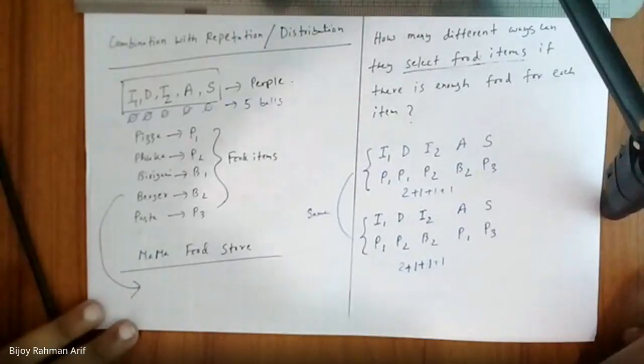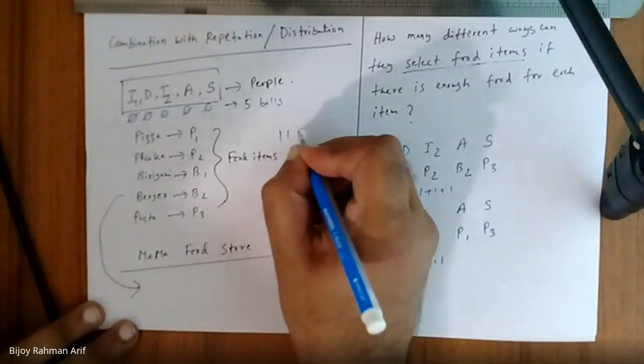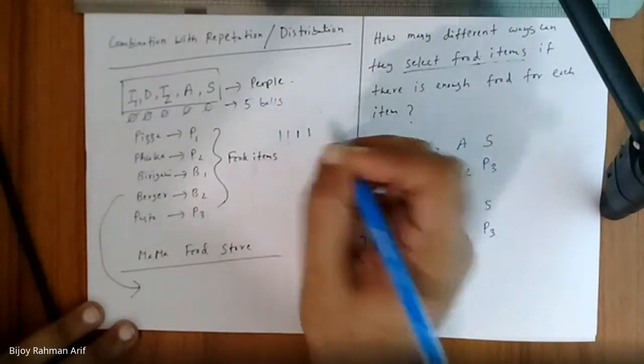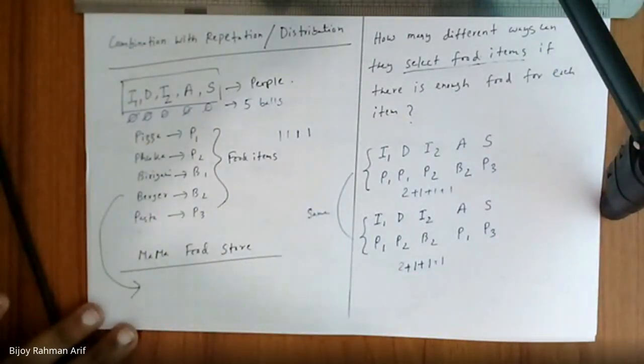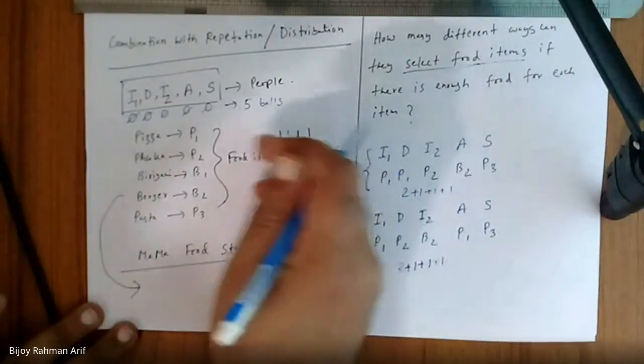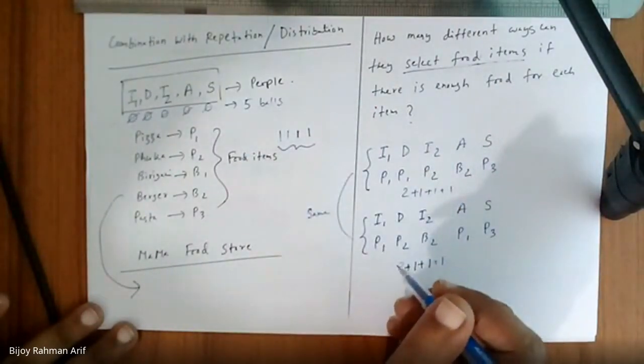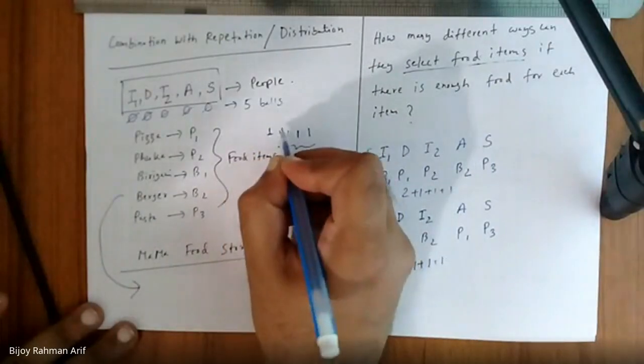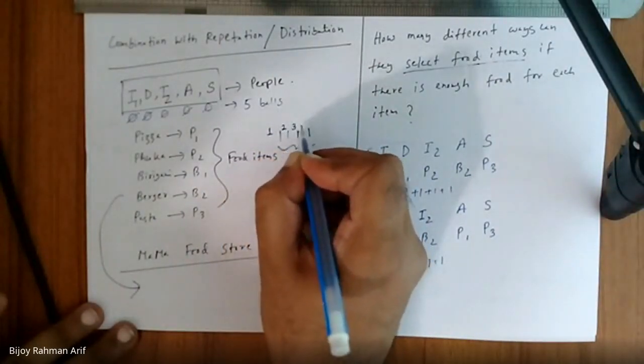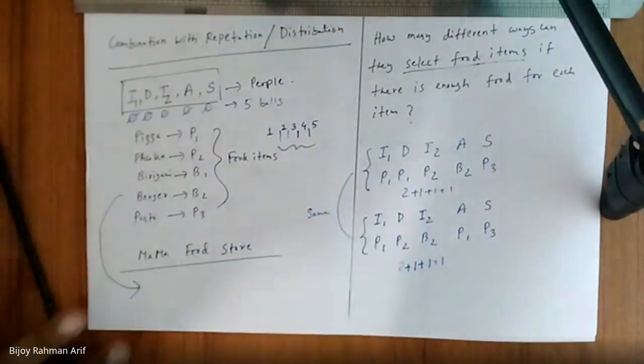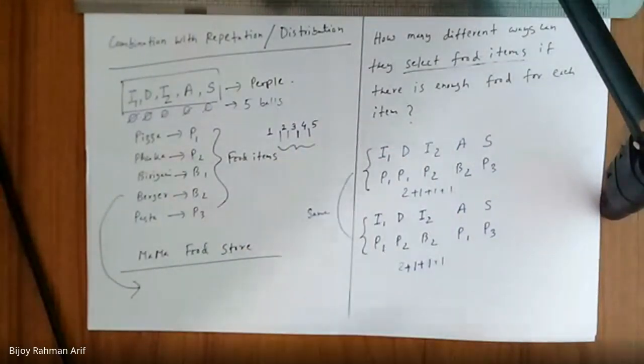How about 4? Using 4, is it possible? If I use 4 sticks, how many spaces are between them? I have 1, 2, 3, 4, 5. So if I use 4 sticks and consider the empty spaces between the sticks, then using 4 sticks I can represent 5 food items. Do you agree with me or not?